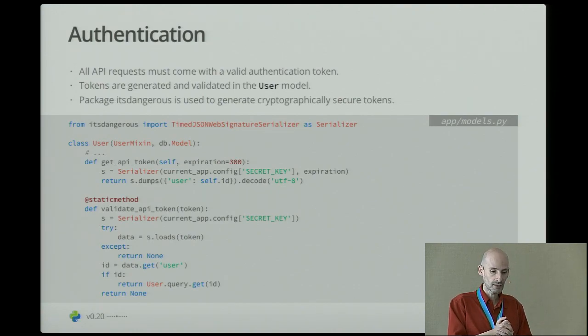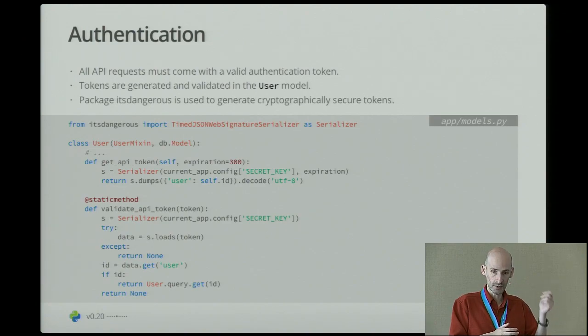So the way authentication works in APIs is each request that the client sends needs to come with authentication. It's bad practice to use user sessions to remember the user from one request to the next. So you ask the user to provide authentication every time.